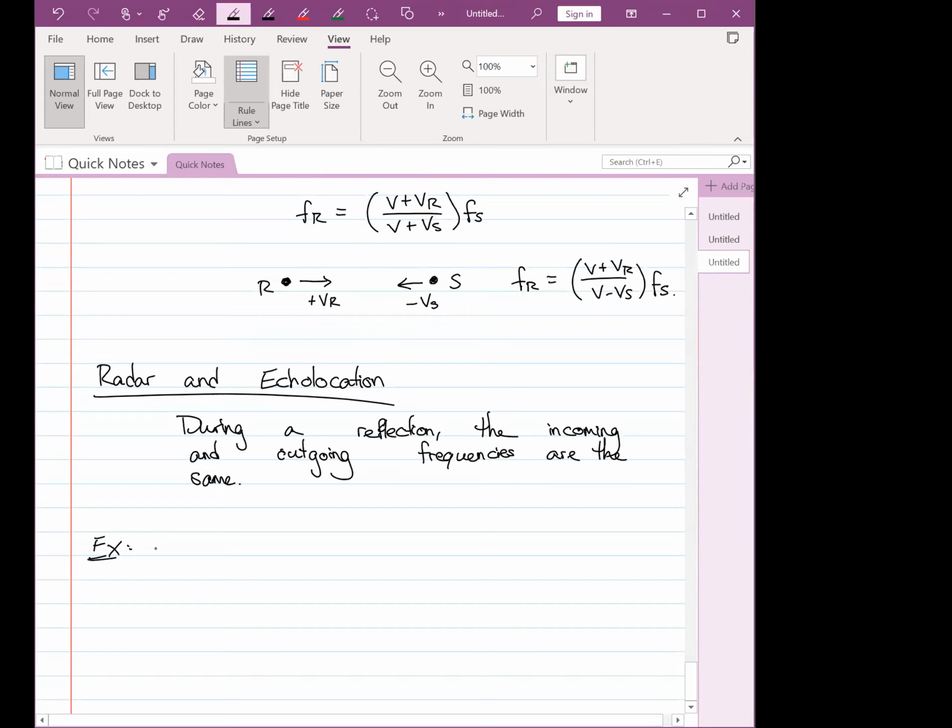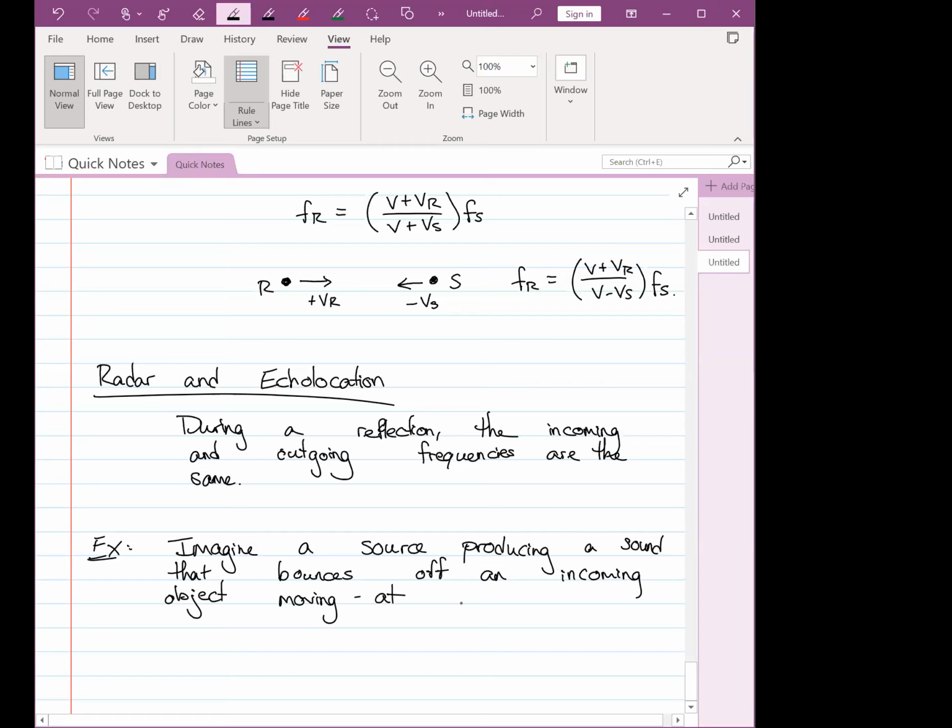So for example, let's do an example. Imagine a source producing a sound that bounces off an incoming object, moving at speed v naught, V0, the speed of the object.